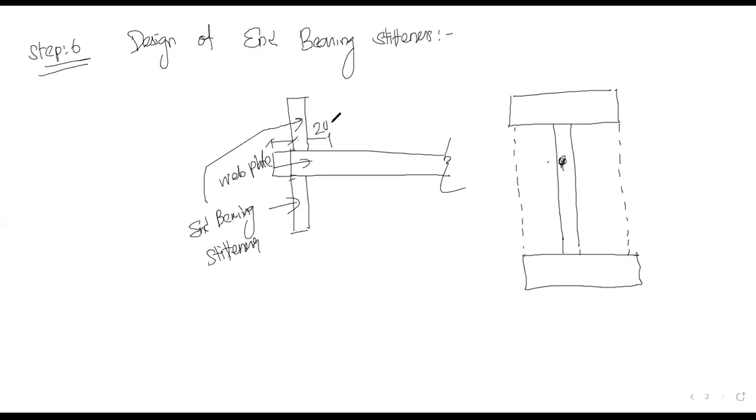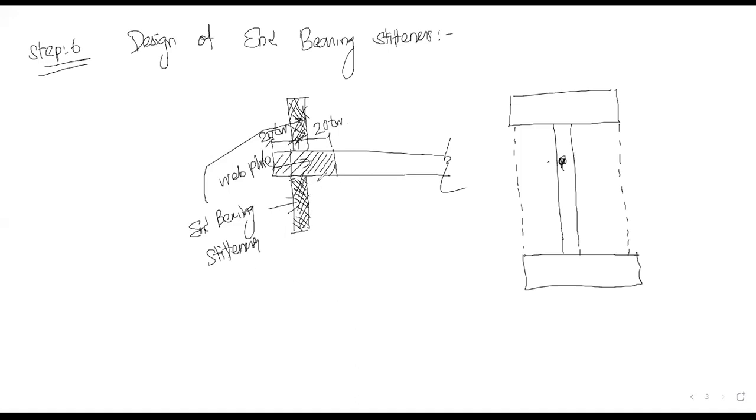Because of this stiffener we can have the effective area up to 20 times the thickness of the web. This is the effective area of the stiffener, and this is their dimension. So this is our net figure.